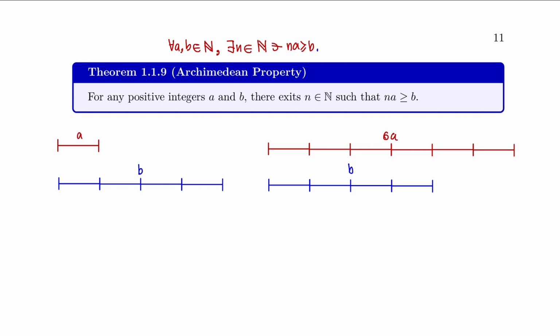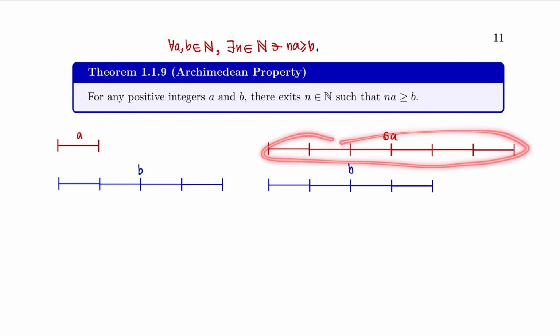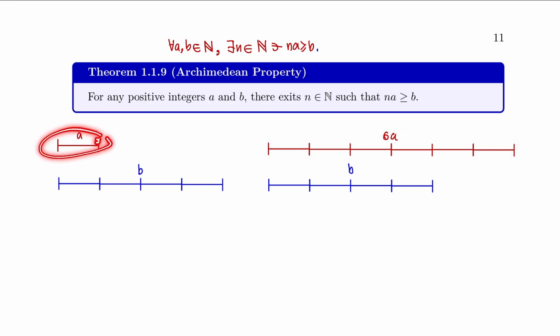So what does it mean by this? If you pick any two positive integers a and b, and suppose that b is greater than a, then you will find a number to multiply one of these numbers by. In this case, I want to multiply a by 6. So we're going to have 6a, which is 6 times this one.